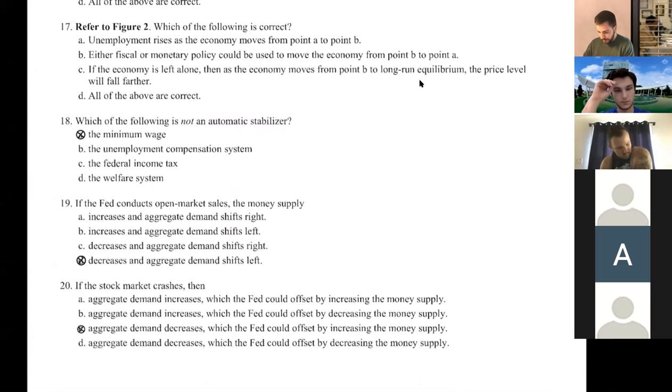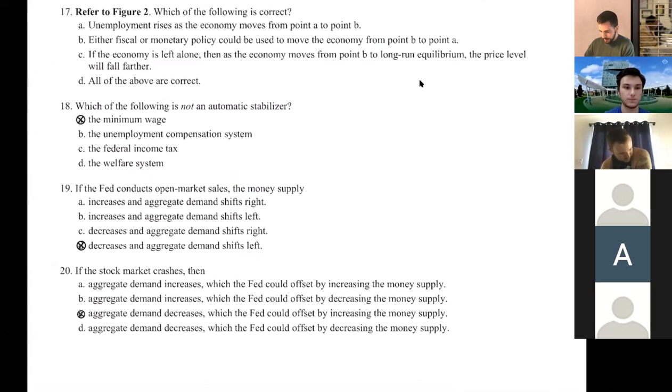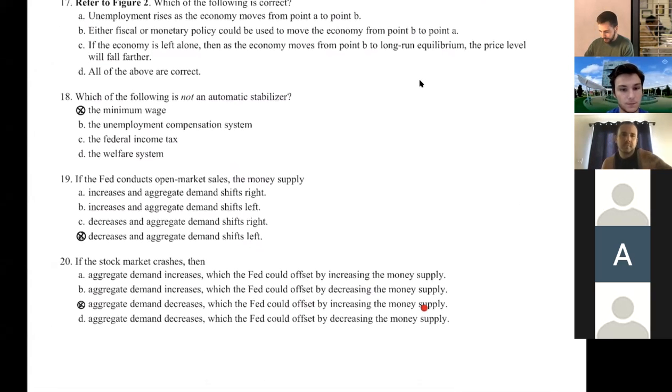And if the stock market crashes, then aggregate demand decreases, which the Fed could offset by increasing the money supply. So the whole time we were talking about increasing money supply: if something goes left, you increase the money supply and then everything's perfect again. Yeah, that's basically it.